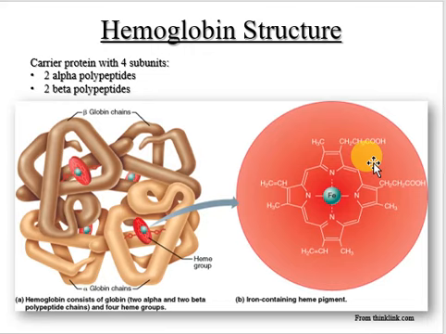A great example is a simple change in the amino acid at one placement in the gene coding for hemoglobin, or I should say, one nucleotide substitution that causes the change in the amino acid that's coded for by the gene for hemoglobin can have a huge consequence. What I'm kind of alluding to is the genetic disorder sickle cell anemia.